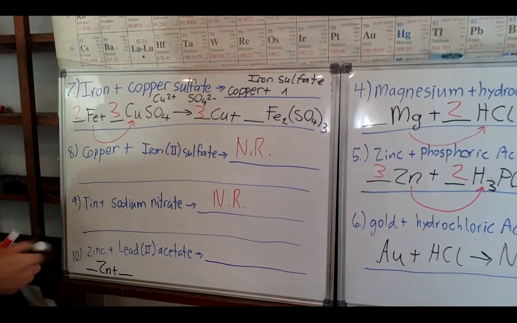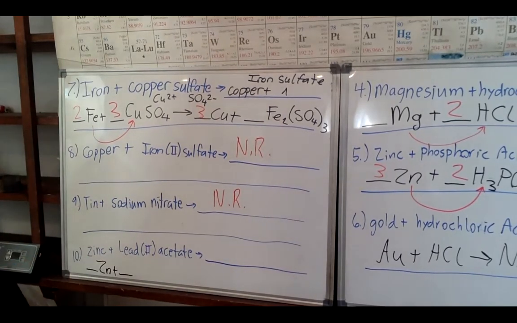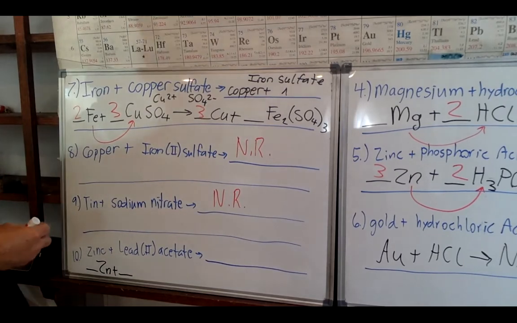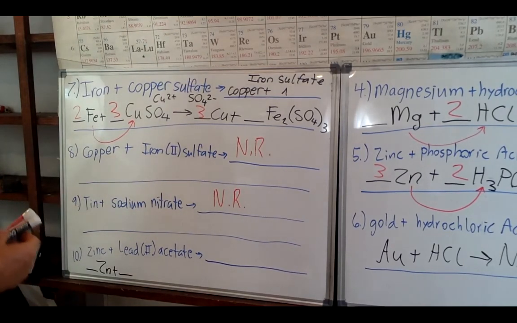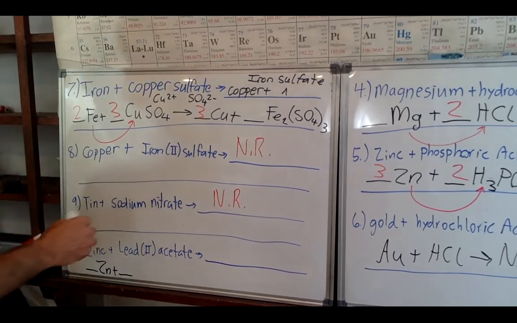Oh, we didn't talk about this one. The zinc is way above lead on the reactivity chart. We have zinc right underneath the carbon there, and lead is down below tin. So the zinc will kick the lead out of the lead-2 acetate.